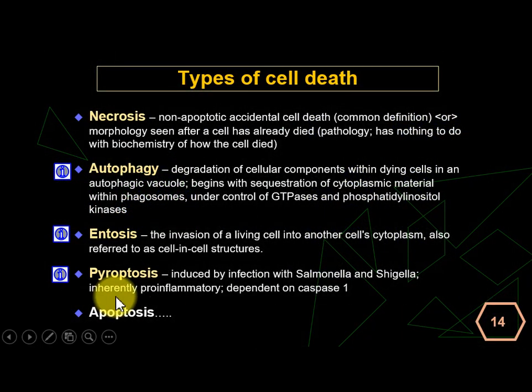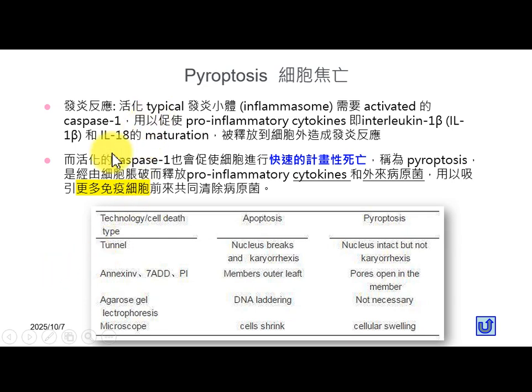Okay, so the last one is pyroptosis. Pyroptosis is followed by inflammation. It's because the cell dies because of bacterial infection, mainly. Since it's a result of bacterial infection, you will have inflammation.